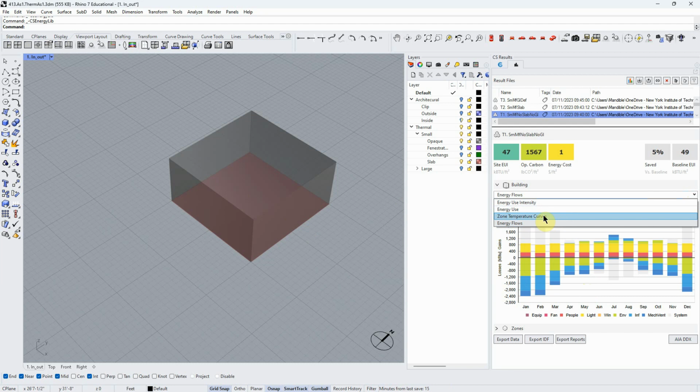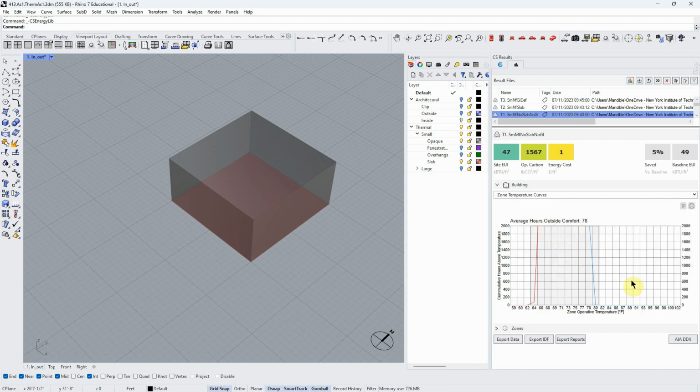And then zone temperature curves. This is about comfort, and this is a really cool feature that they've added. What we have here is the gray, which is essentially the comfort zone, like from the psychrometric chart, and there are some variations on how that's defined. Doesn't matter, we're just playing around here.